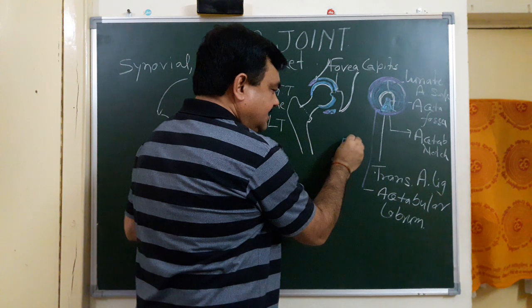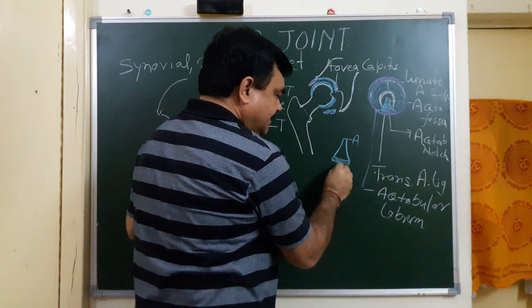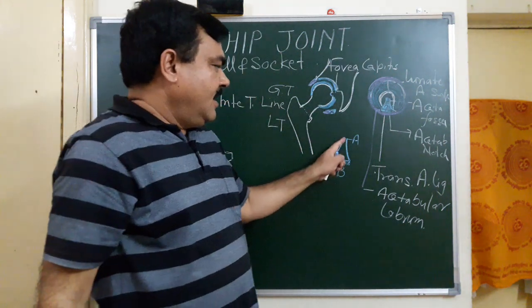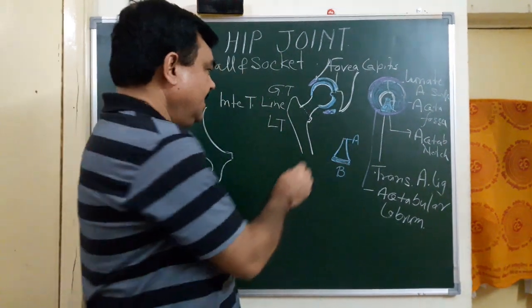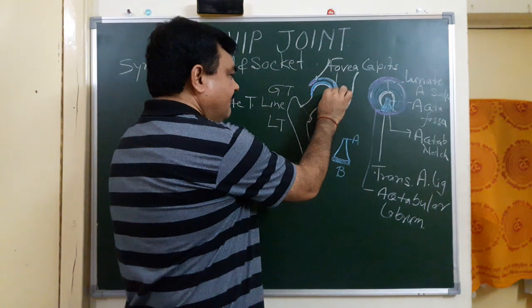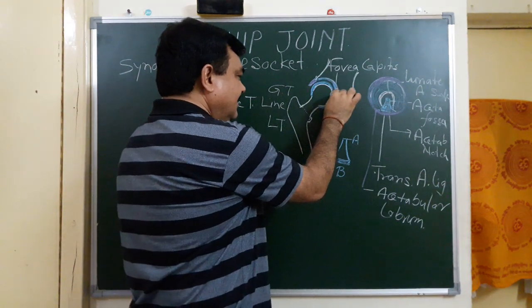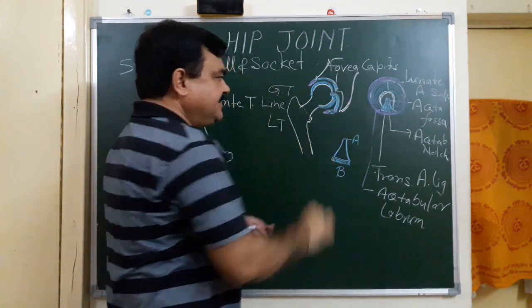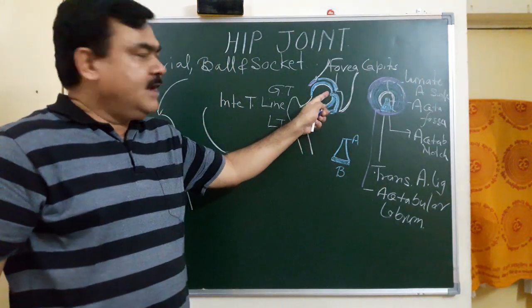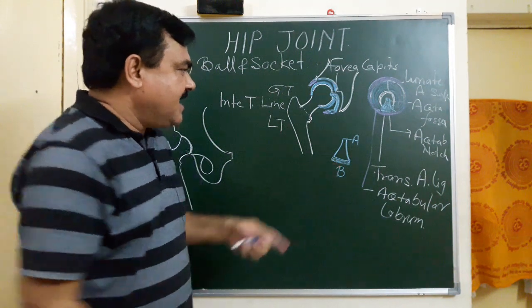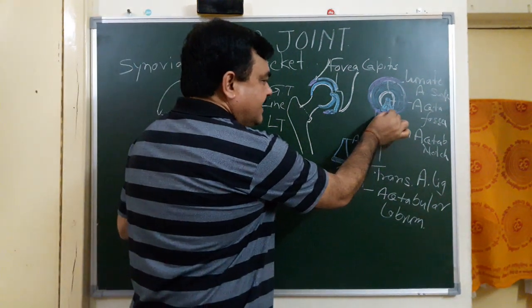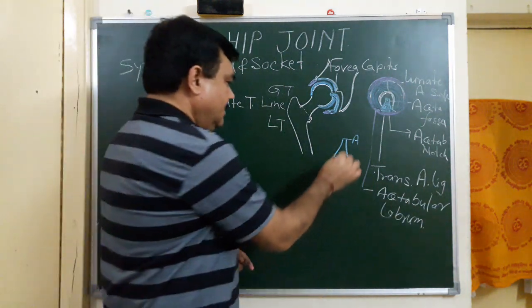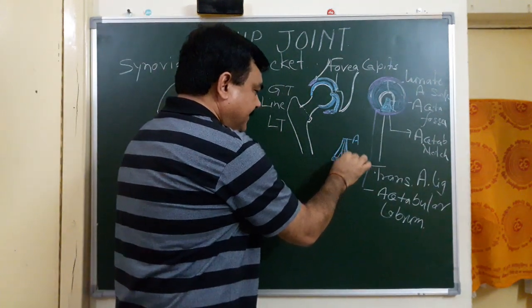It has an apex and a base. The apex is attached with the fovea capitis, and this base is attached with the transverse acetabular ligament.